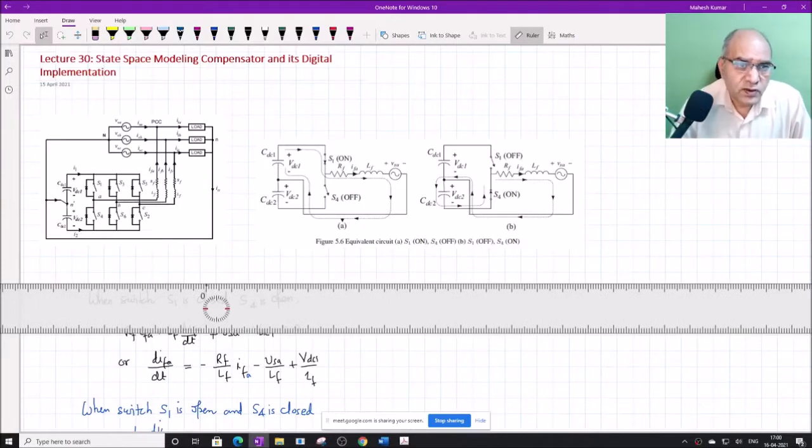Alright, so welcome to lecture 30. In the previous lecture, we talked about how to generate the reference current for the compensator.